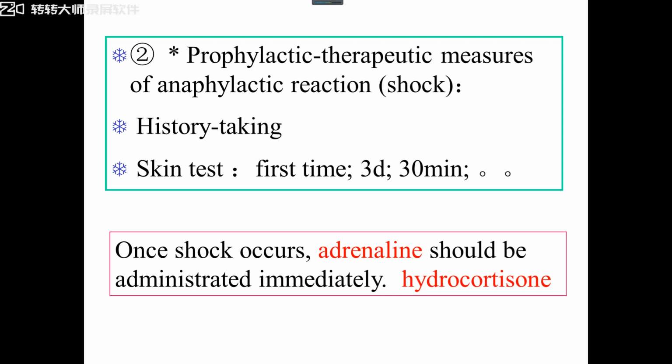And then we give hydrocortisone, glucocorticoids as the adjuvant therapy. Understand? So how to save the life for allergic shock? The first choice agent is adrenaline, and then the second choice we give hydrocortisone. Understand? Don't forget this. Okay.